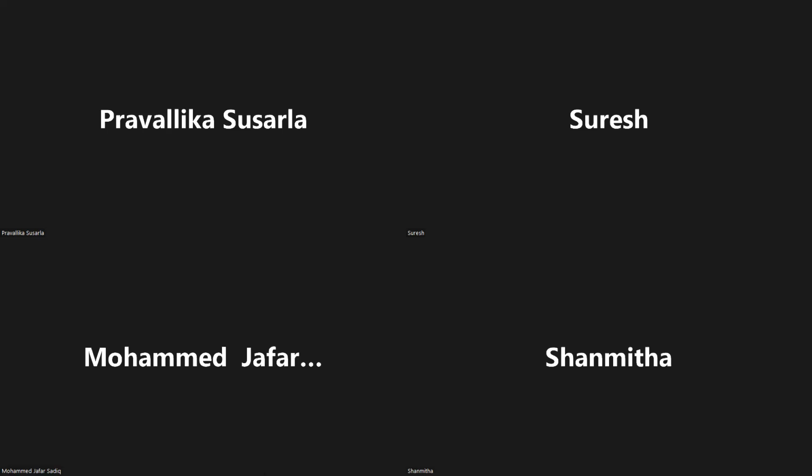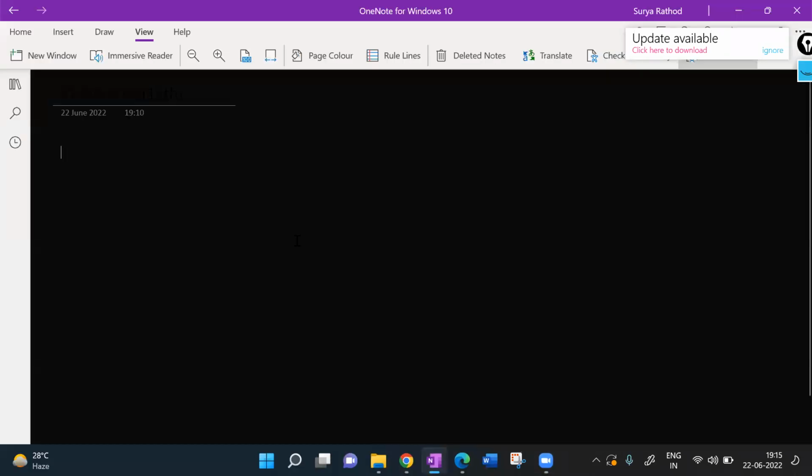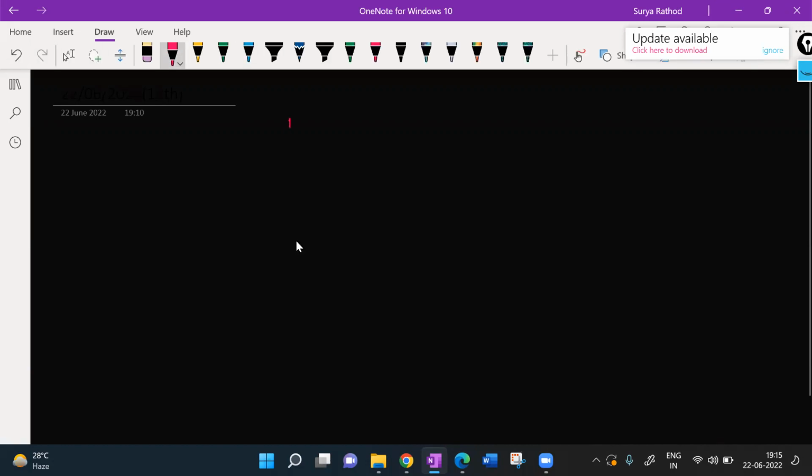Okay, let's go with the binomial theorem. Shall we have a quick recap on the formulas? I think I have taught this for class 11, probably for your batch as well.